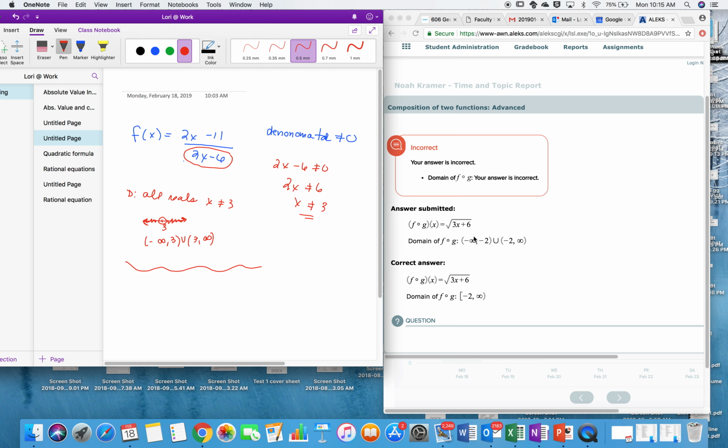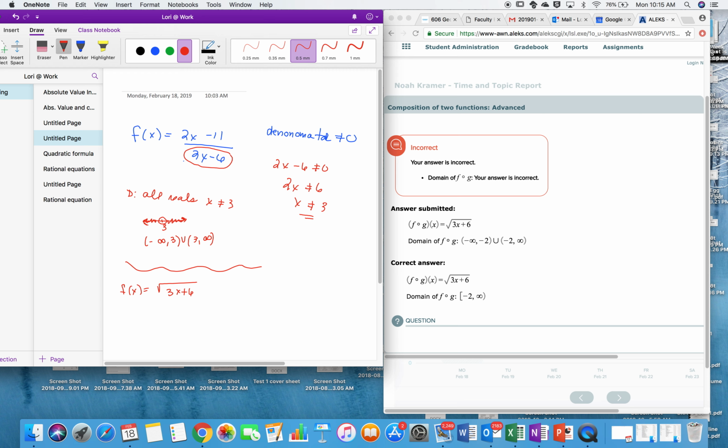So now when you're looking at this one, here I have the function that you came up with, and again, you came up with the right composite function. So the function is the square root of 3x plus 6. Okay, this is not a fraction. This is not a rational function. It's a square root function. So again, what I have to think to myself is, what can't happen?